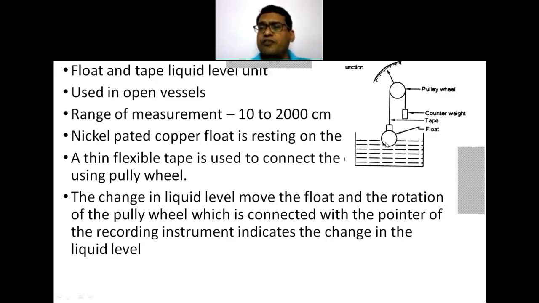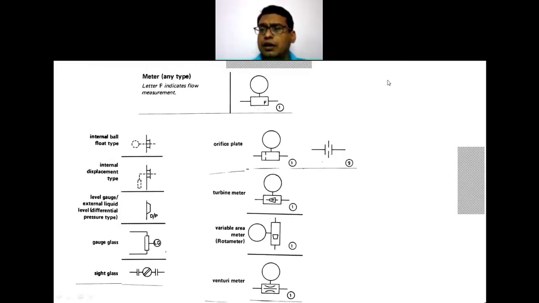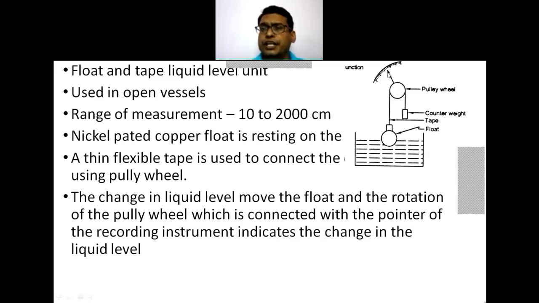If the level is below the indicated level, this ball valve will be on the lower side, and automatically the pointing needle will move in the lower direction. So that is all for calibration purposes. Every instrument has to be calibrated for that particular vessel.